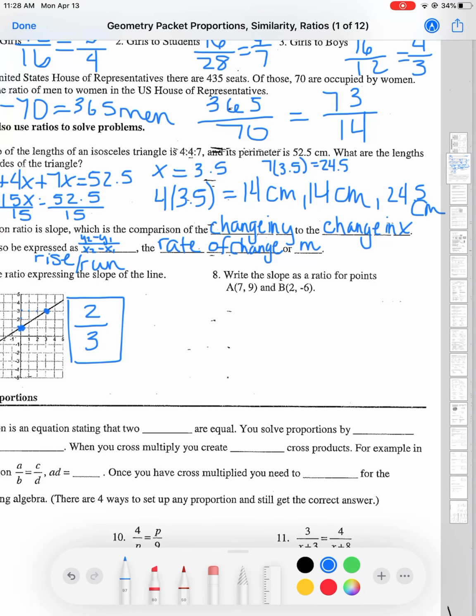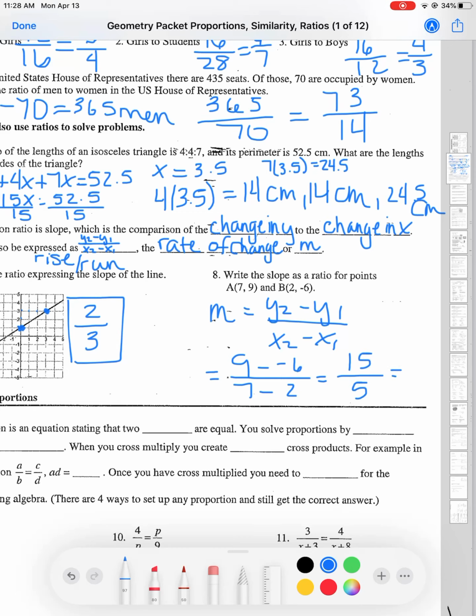Now for 8, they gave us 2 points, so we're going to have to use our slope formula, which we wrote above, and I'm going to write it one more time. So your y2 is 9, y1 is negative 6, over x2 is 7, minus x1, which is 2.